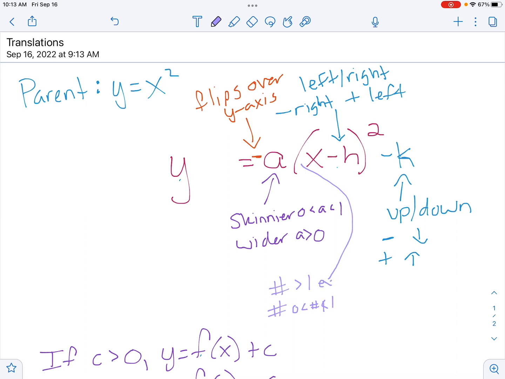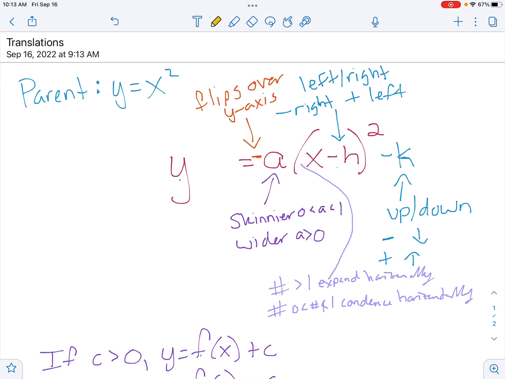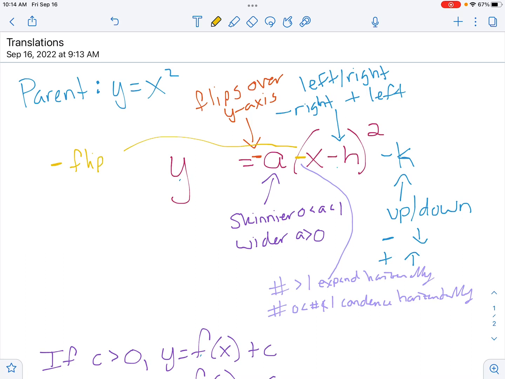So you're going to expand and condense horizontally. I know that's terrible handwriting. And then the last thing, if that x is negative, you're going to flip over the y-axis.